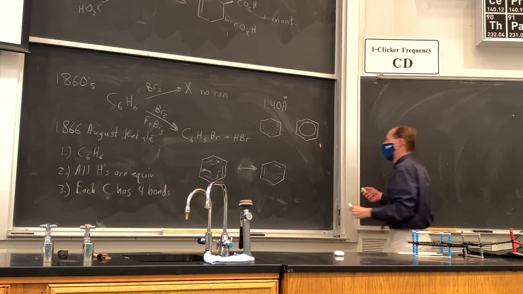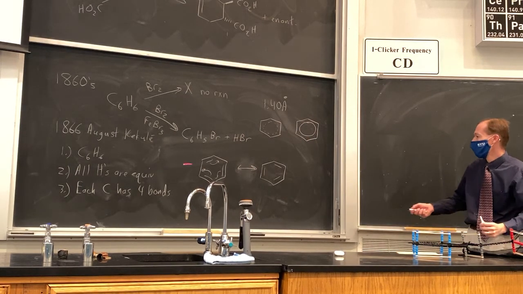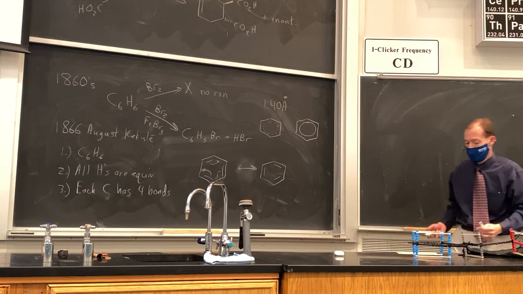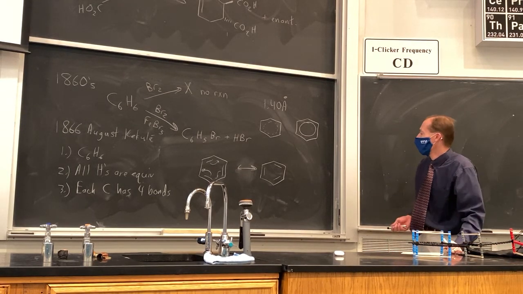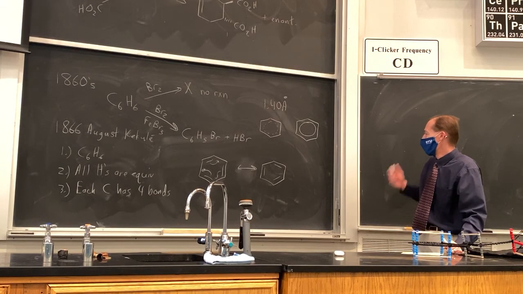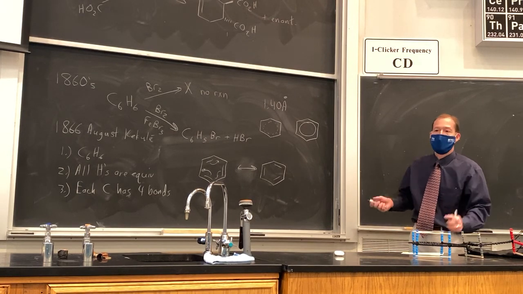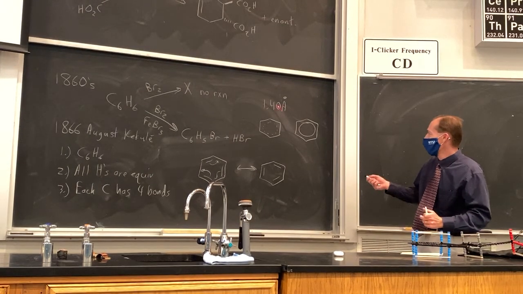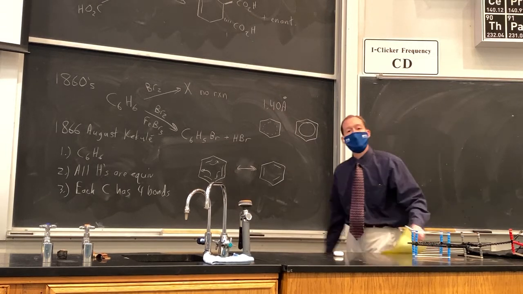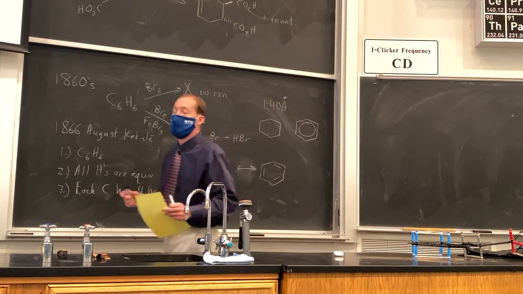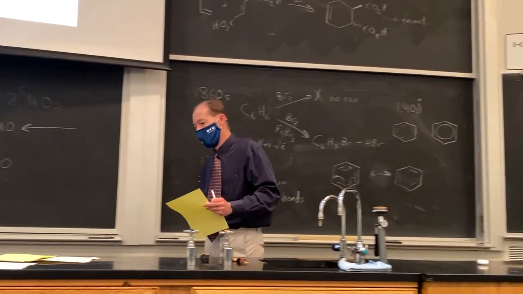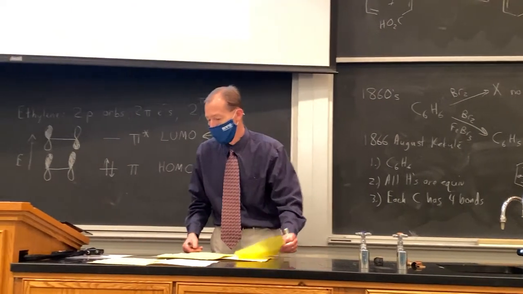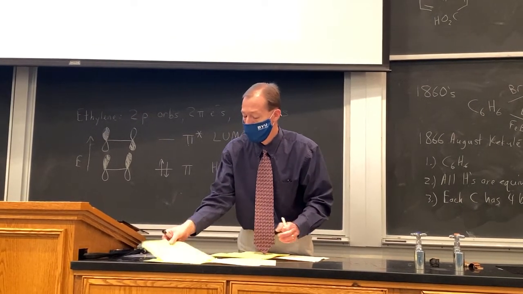So these are hybrid structures of benzene. But most of the time we'll actually see the resonance structures because it'll be easier to understand how reactions occur with benzene. But we know that the carbon-carbon bond lengths in benzene are identical. Incidentally, this is exactly halfway between the standard bond lengths for a carbon-carbon sigma bond and a carbon-carbon pi bond. So it is a 1.5 bond as we would expect.